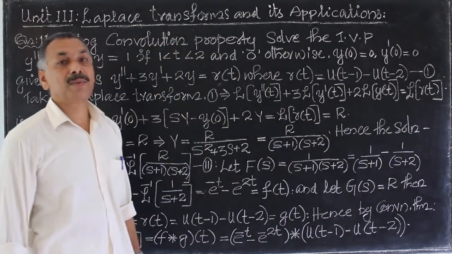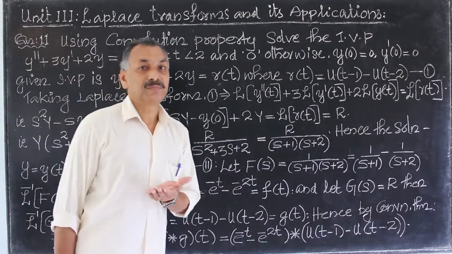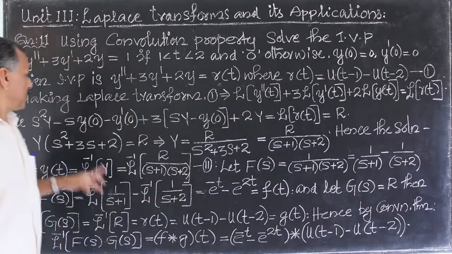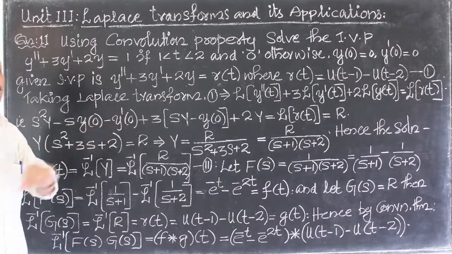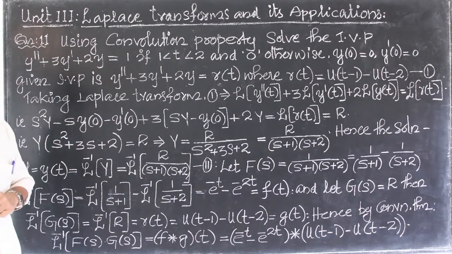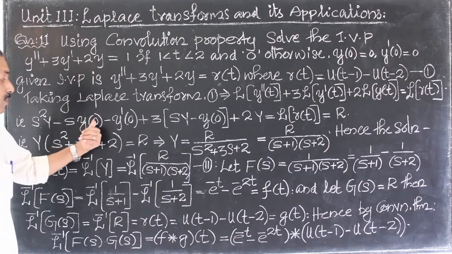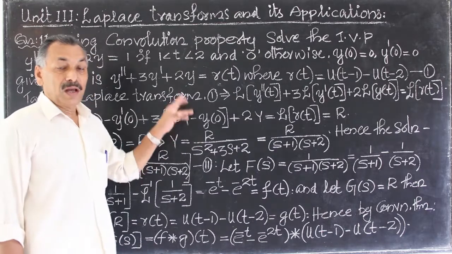Right hand side in the Laplace transform. Now apply the property. L of y double dash is equal to s square y minus s into y of 0 minus y dash 0, plus 3 into L of y dash.